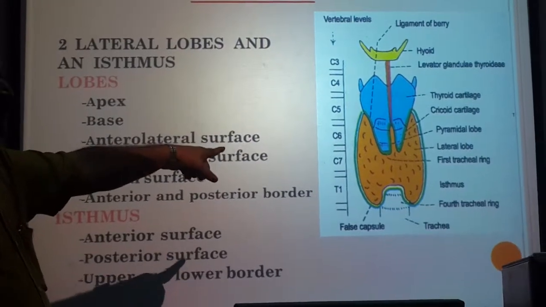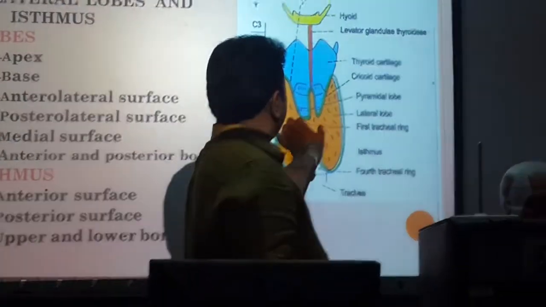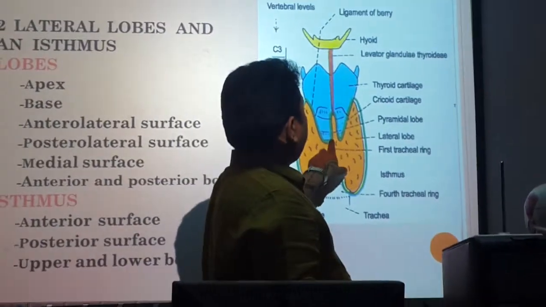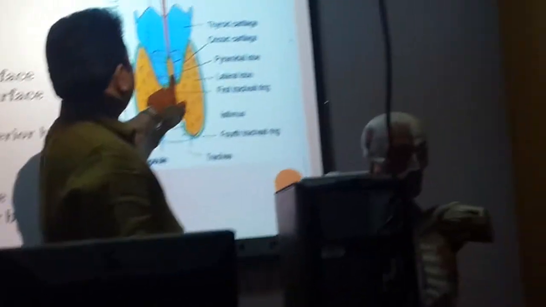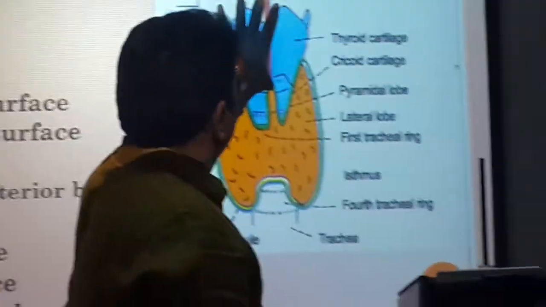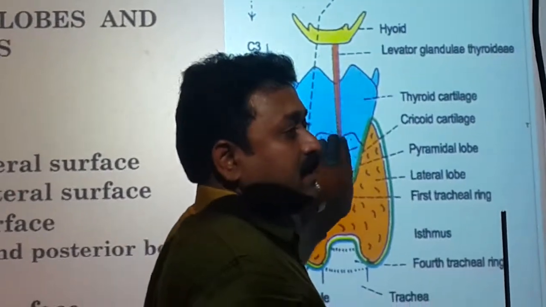Same thing, these are the two lateral lobes and isthmus. In some cases, you will find the pyramidal lobe, a slight elevation from the isthmus. See here, this ligament goes to the pyramidal lobe. This is the levator glandulae thyroideae, a ligament.